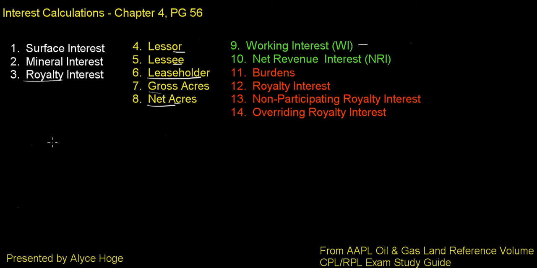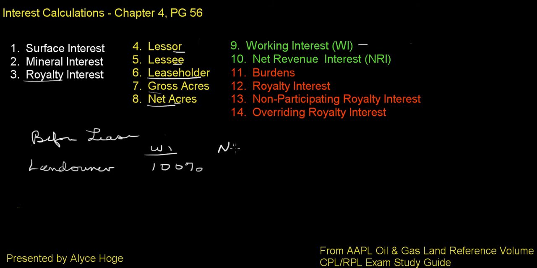So before an oil and gas lease, the landowner would own 100% interest in the working interest and a 100% interest in what we call the net revenue interest. That means if this landowner wants to drill a well, he's going to pay for 100% of the expenses and be entitled to 100% of the profits.